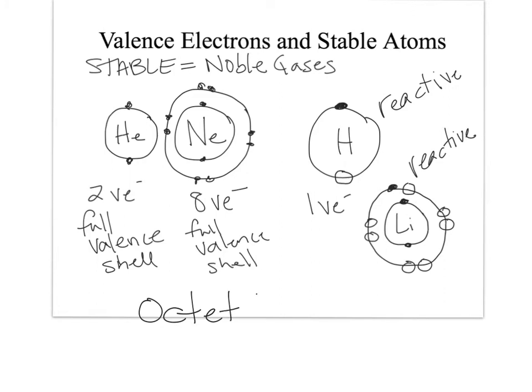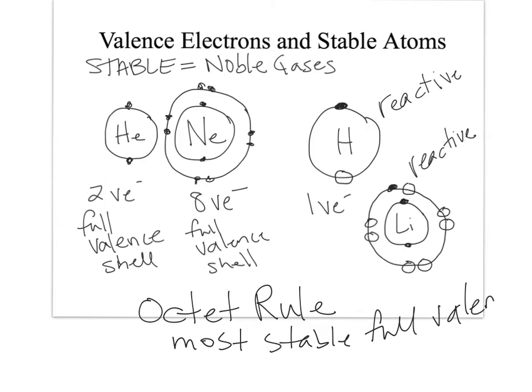And the octet rule says that atoms are the most stable when they have full valence shells. Now, if your valence shell is the first shell, like helium only has 1 valence shell, 2 is the full complement of valence electrons for that shell.